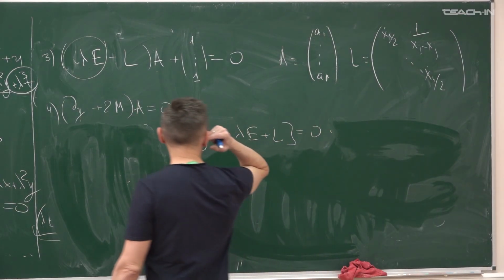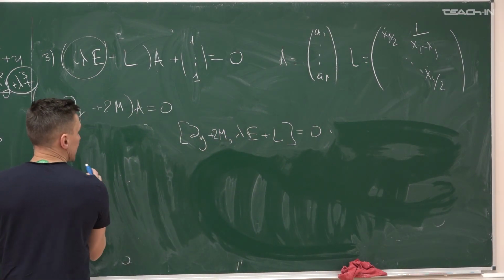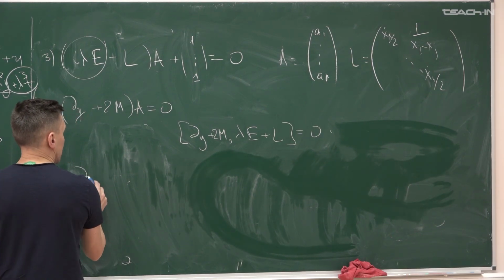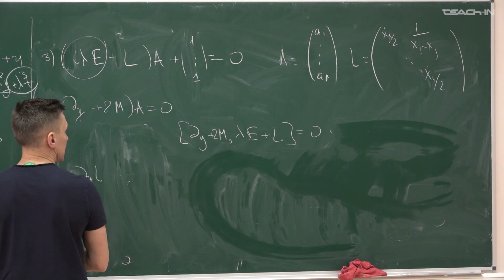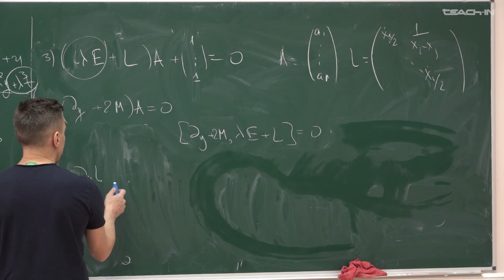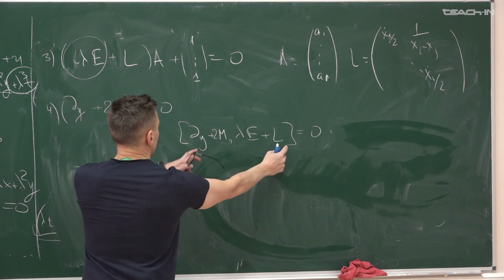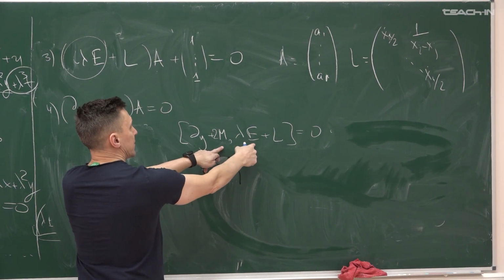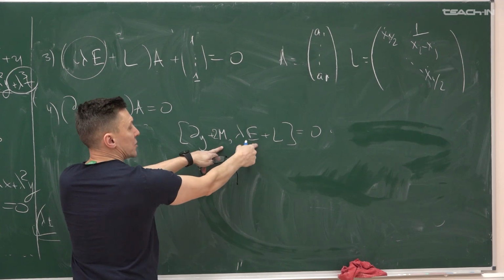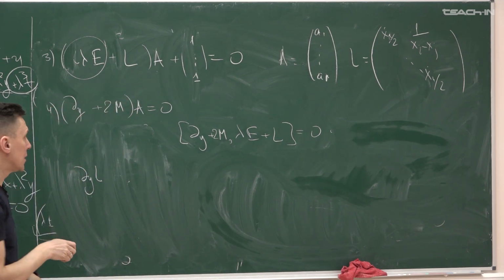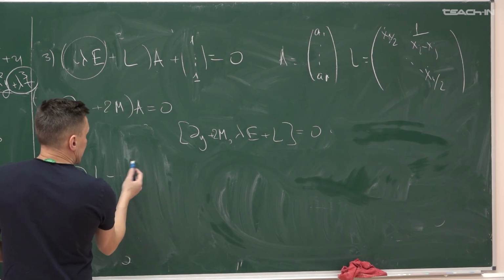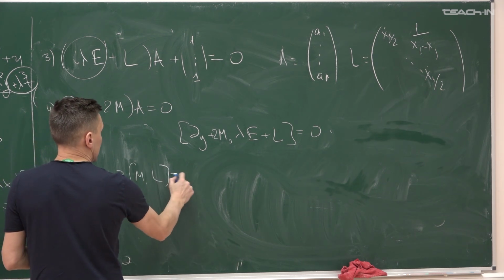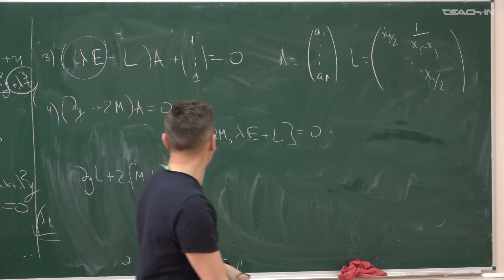So if we just expand this, we get dy of L. Dy of L is a commutator of this. The commutator of this is 0, and the commutator of this operator is 0 because it's a unity operator. So it is just plus 2m L equal 0.